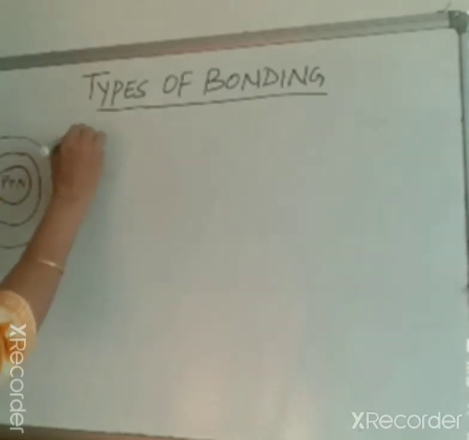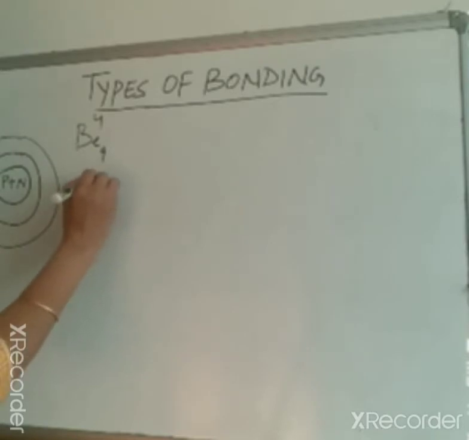As beryllium has atomic number 4, atomic mass 9 and number of electrons 4, according to electronic configuration the electrons split up into 2 and 2. So 2 are in the first energy level, and another 2 are in the second energy level.